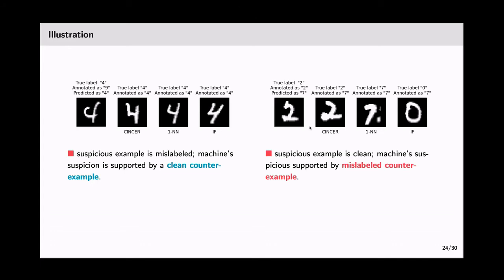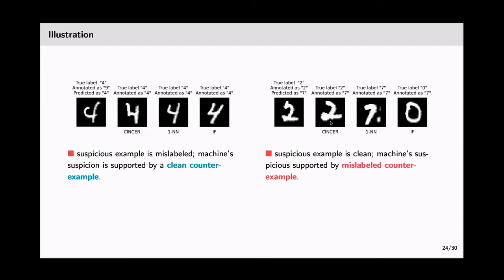In this other example, we have this 2, which is annotated correctly by the user as a 2. However, the machine thinks that it is a 7. Why? CINCER, which is again our method, selects an example which was annotated in the past as a 7 and which looks very similar to this 2.